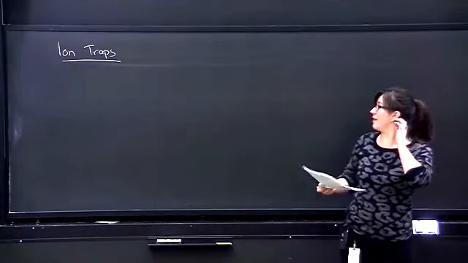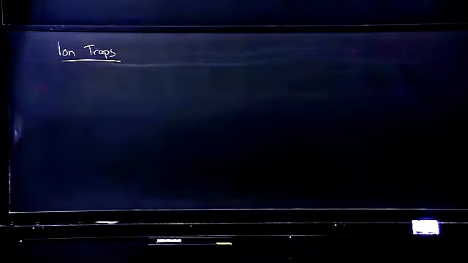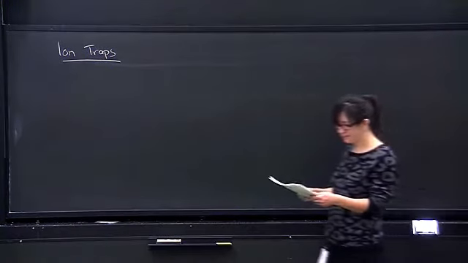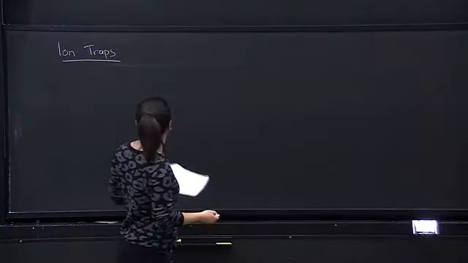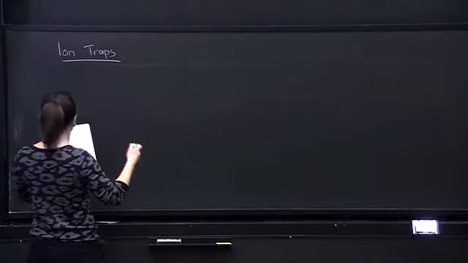Okay, so in ion trap quantum computing, we use the energy levels of an ion as our qubit. So the electron is going to be in one of the two lower energy states. And the way we do it is we start with a group 2 atom.